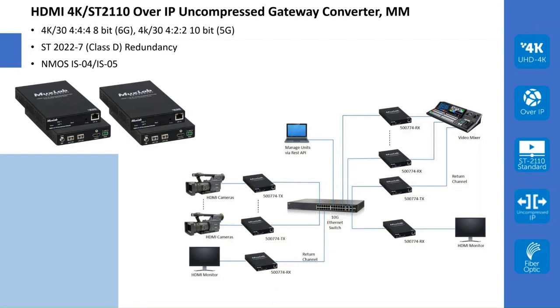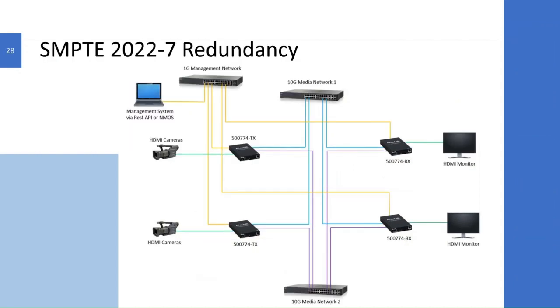Now, not only do you get the ability to separate the signals, created by SMPTE in the ST 2110, but also 2022-7 for redundancy, because sometimes you may lose some packets, and if you want total reliability, then these boxes give you the ability to connect to two networks at the same time.